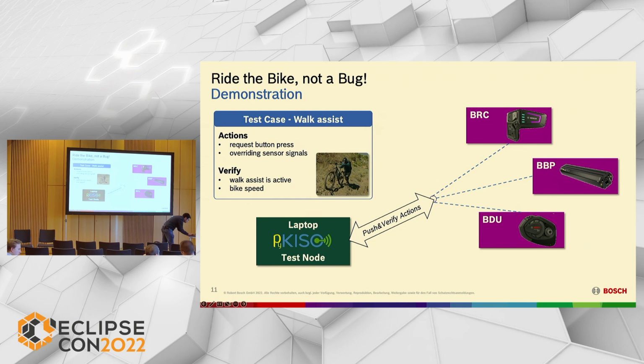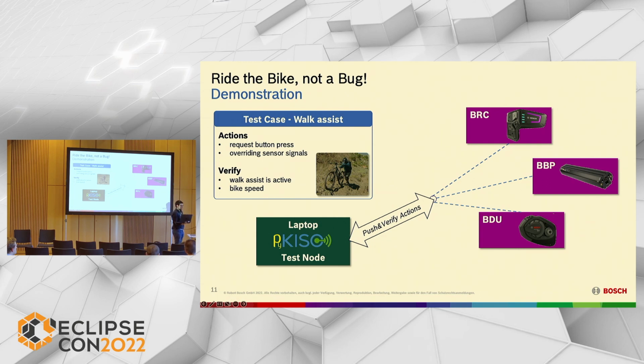So maybe for a demonstration, without the automation: when I switch the bike on, if you have ever driven an e-bike, you can basically hold the minus button, which leads the bike into a walk assist mode, but it's not doing anything. It's a safety function, right?